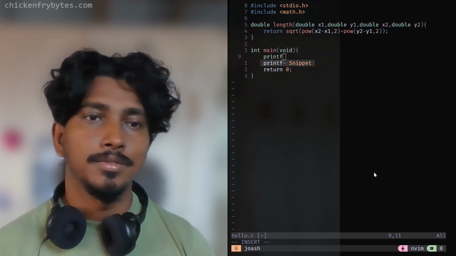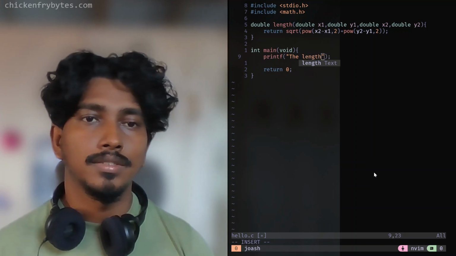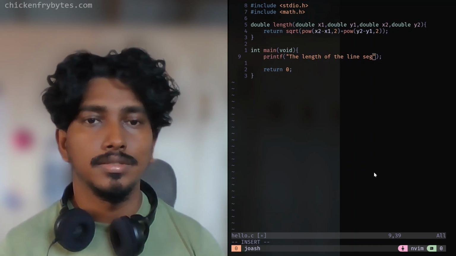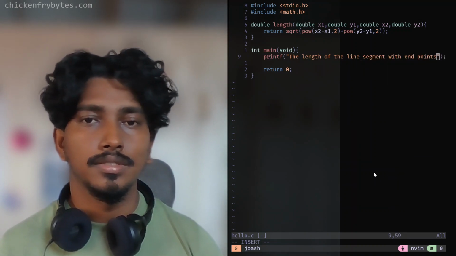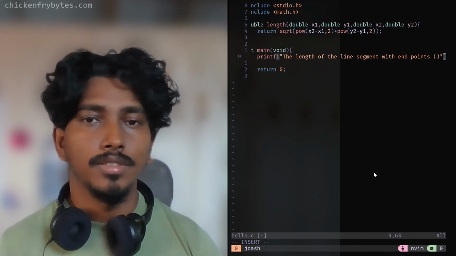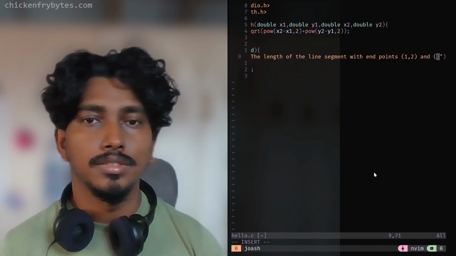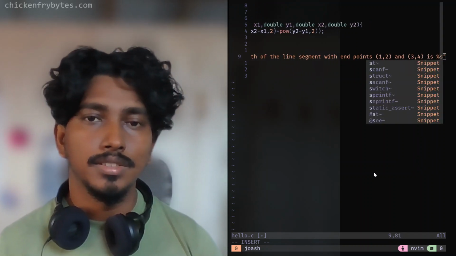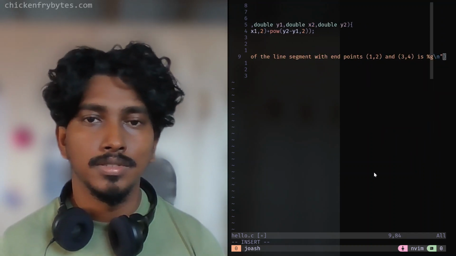So you can say printf, and we're not going to call our function. We're going to say the length of the line segment with endpoints, let's say, 1, 2, and 3, 4 is, say, percent G, because that's the placeholder for doubles.